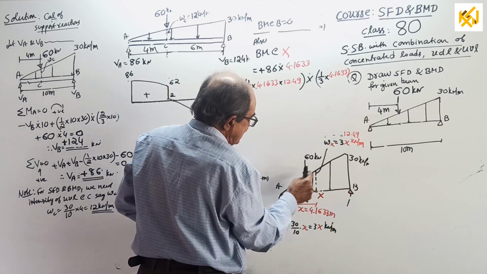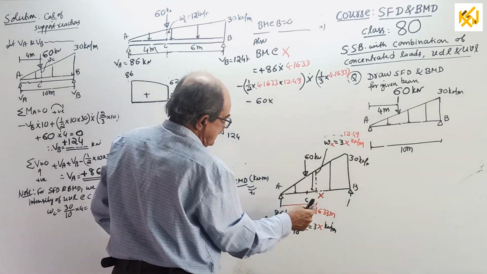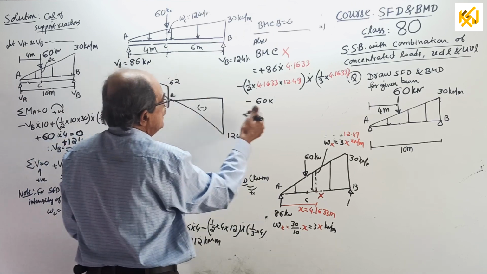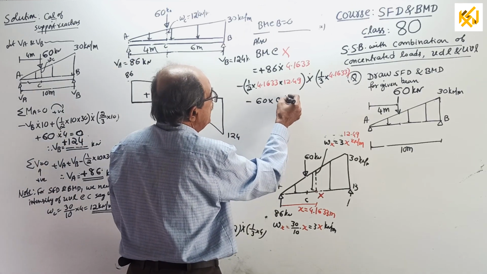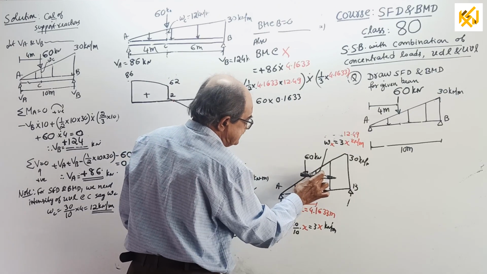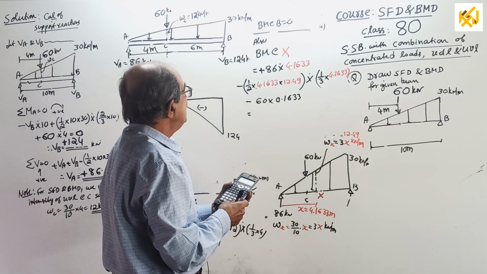Also minus 60 into this distance. 60 into, this is 4.1633, this is 4 meter. That much you can calculate, 0.1633. You can write it if you want. This 60 into this distance, 4.1633 minus 4 equal to 0.163.